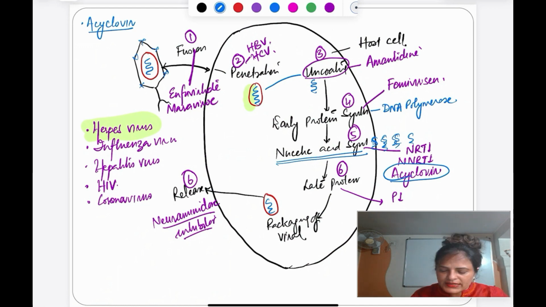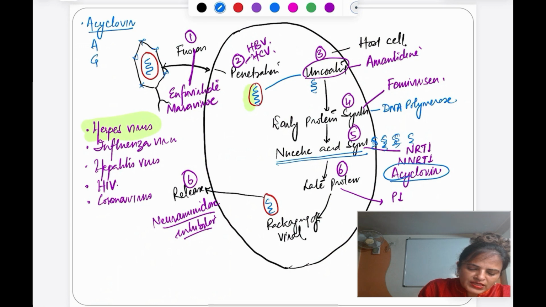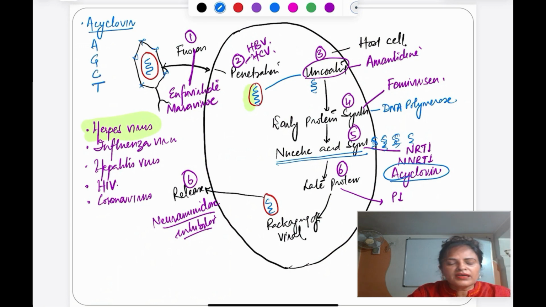So for nucleic acid synthesis we require either purine or pyrimidine, that is adenine, guanine, cytosine and thymidine. We need these.